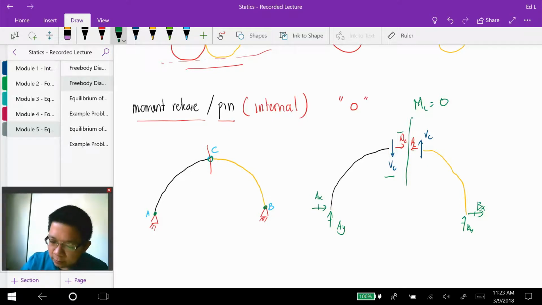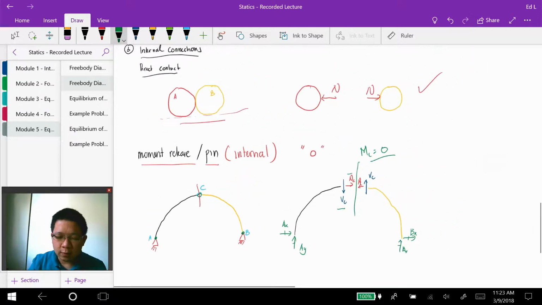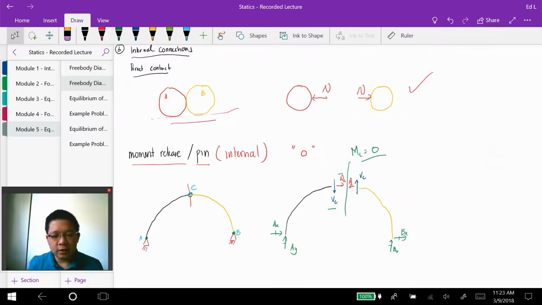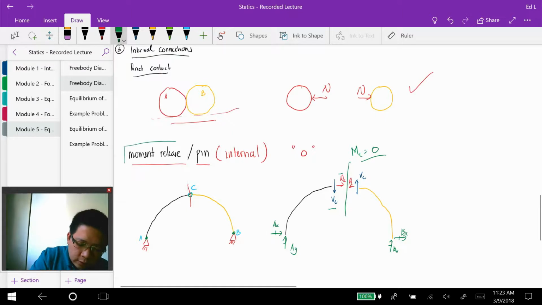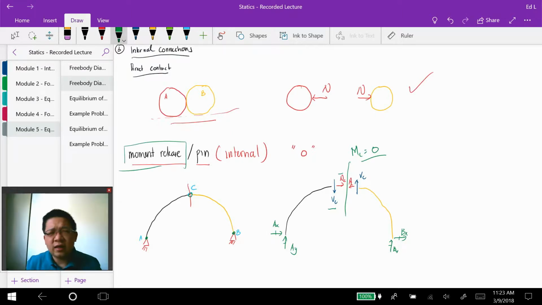Those two are the most common internal connection forces that we will encounter in this course. If you listen to the term moment release, then you might expect that there is a shear release or an axial release as well, and the answer is yes.